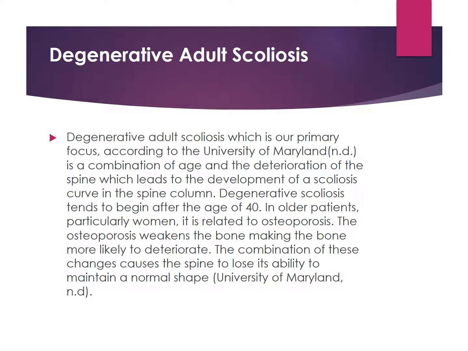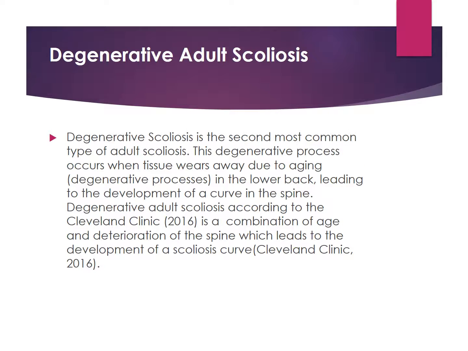Degenerative scoliosis tends to begin after the age of 40. In older patients, particularly women, it is related to osteoporosis. The osteoporosis weakens the bone, making the bone more likely to deteriorate. The combination of these changes causes the spine to lose its ability to maintain a normal spine.